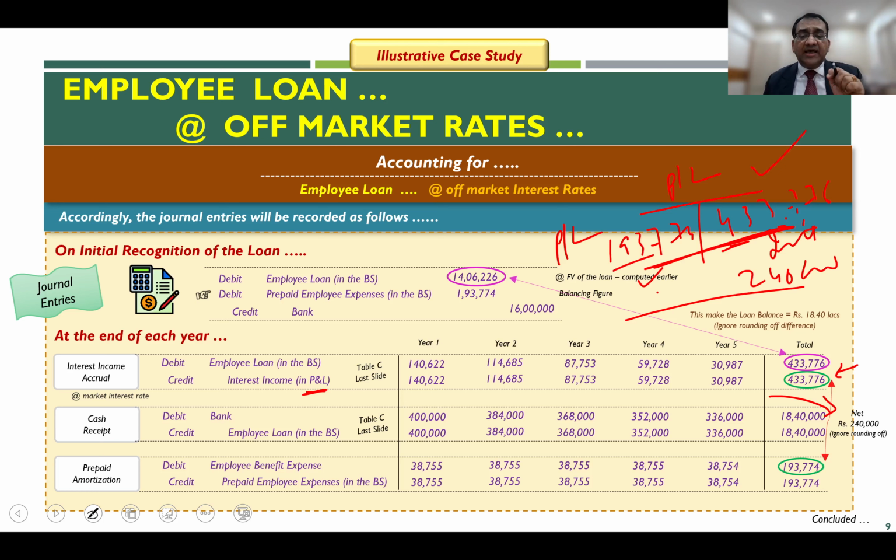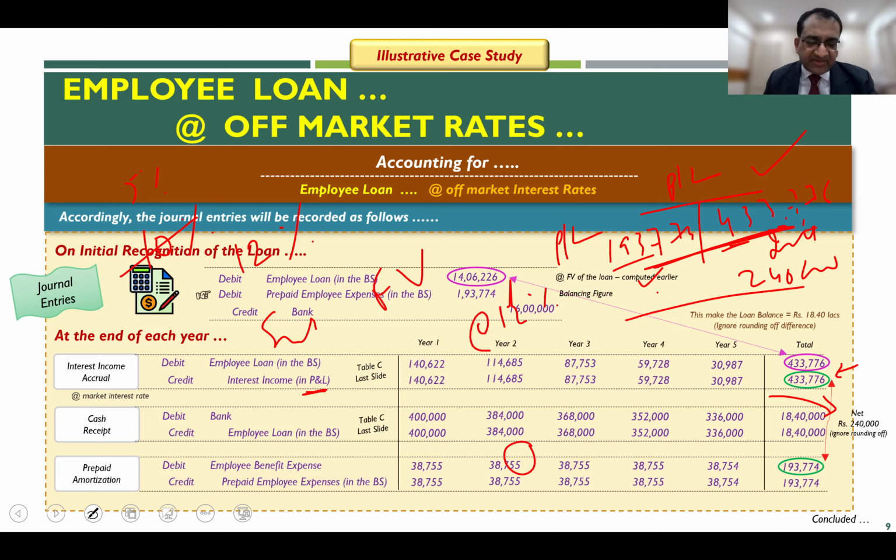Now, the accounting of this type actually reflects the substance of the arrangement. In this case, the interest rate was 5% and the market rate was 10%. Let us assume the market rate is not 10% but more, let us say 12%. When you are computing the fair value of the loan, you will do the discounting at 12%.